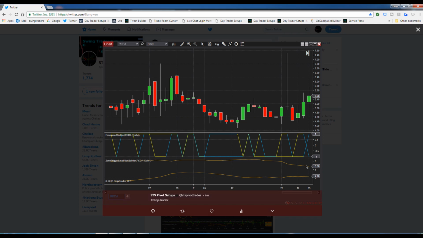on our algos, and this is the level right here, $5.38. That was the bull zone trigger level, and it has to be accompanied by the power. The power happens when this goes 1 and -1 at the same time, or they have to both be equal to those values when the bull zone takes place.